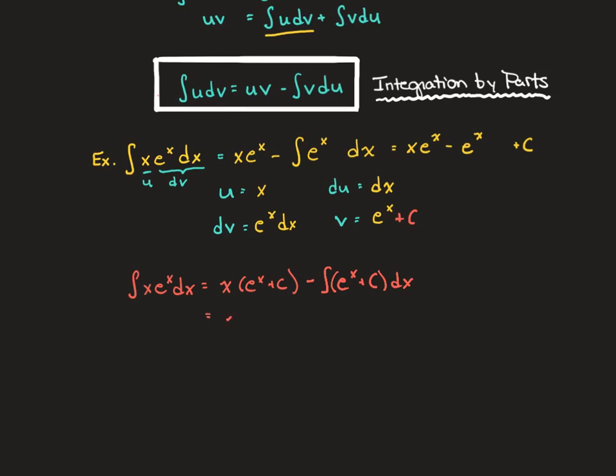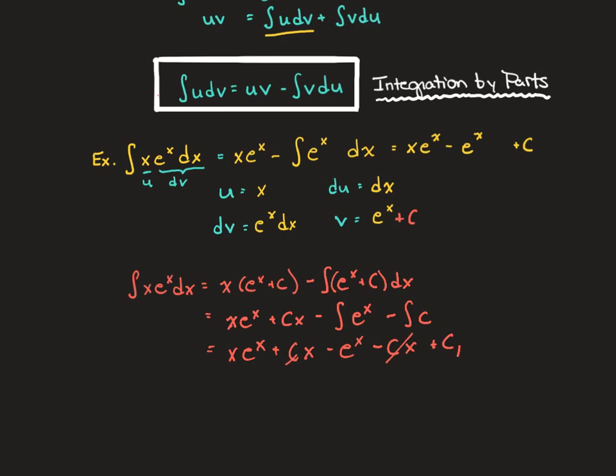So we get x e to the x plus cx minus the integral of e to the x, which is e to the x, minus the integral of c. So we've got x e to the x plus cx minus e to the x minus cx plus another constant.